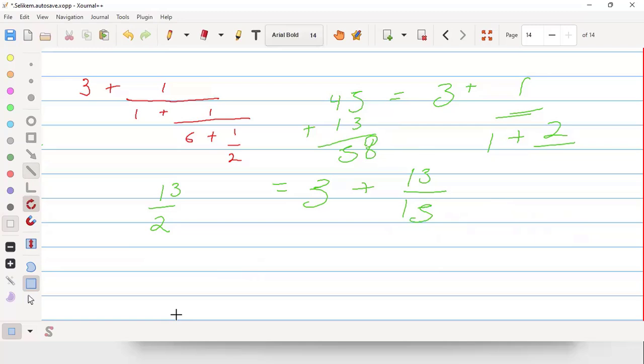So that's equal to 58 over 15. Okay, good. 58 over 15.